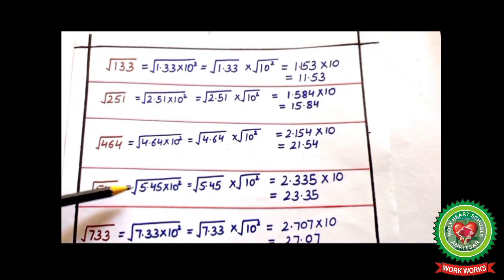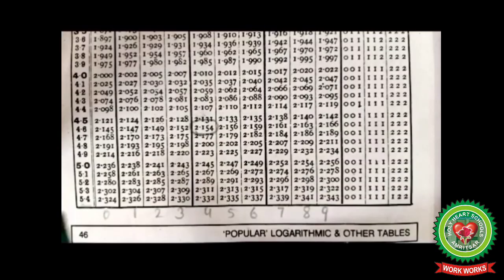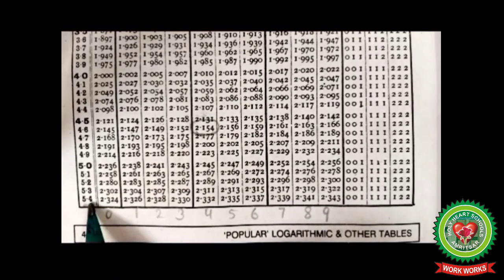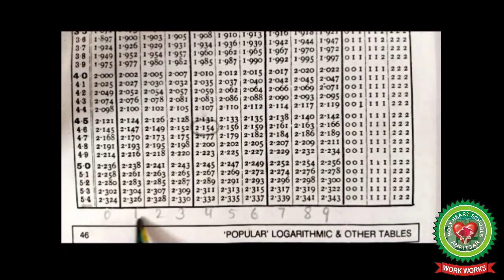Now the next example is square root of 545. So here square root of 5.45 multiply 10 square. After separating the roots, square root of 5.45 multiply square root of 10 square. Then square root of 10 square is 10 only, and square root of 5.45 we have to check in the log table. So 5.4 till 5, here 0, 1, 2, 3, 4 and 5.